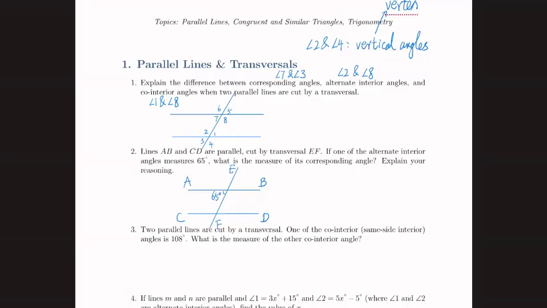If we pick this measure, the alternate interior angle will be this one. Ah, I should pick a different one. This angle is the alternate interior angle. By the previous theorem, they are the same. This one is also 65 degrees.